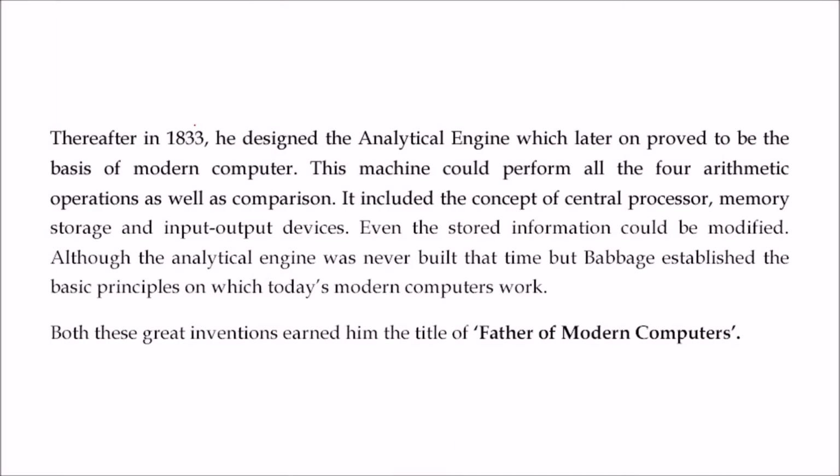And in 1833 thereafter, he designed an analytical engine, and this was the basis of the modern computer. This machine can perform all 4 arithmetic operations, plus, minus, division, multiplication, and it also has the concept of a central processor, memory storage, and input-output devices. Even the stored information can be modified.